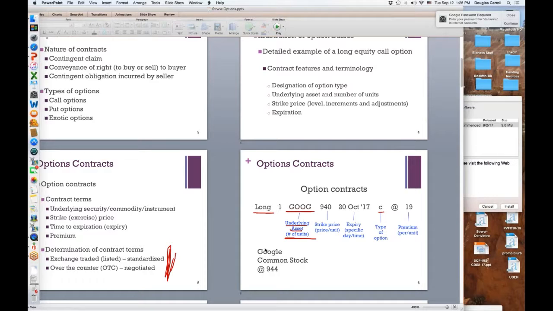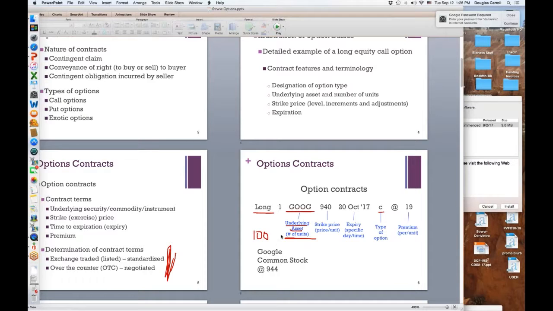In general, for exchange-traded options, unless the company had declared a stock split since that series of options started trading, the standardized number of shares is always 100 shares of the named stock. Again, that's unless the company had declared a stock split, because naturally if a company declares a 2-for-1 split, they've doubled the number of shares outstanding.